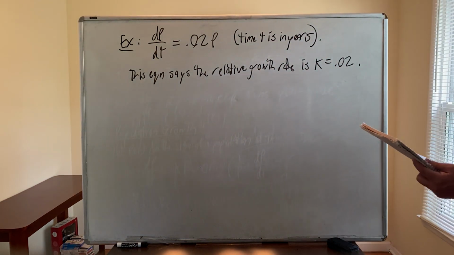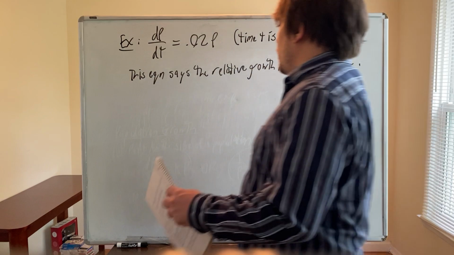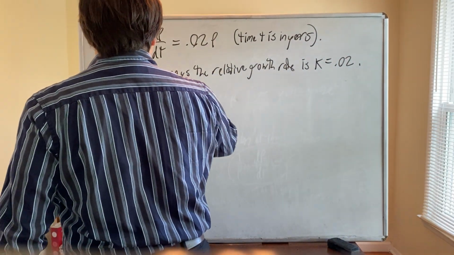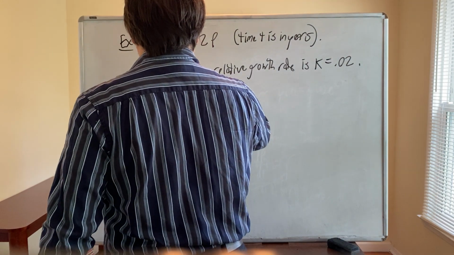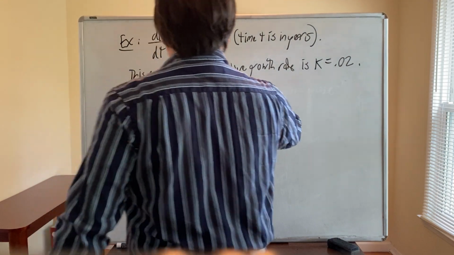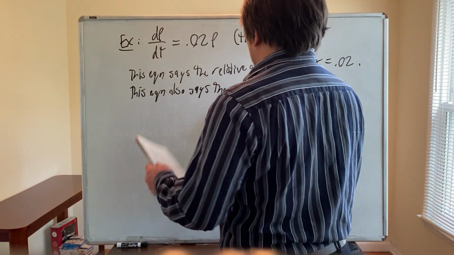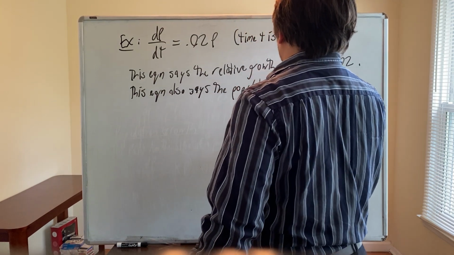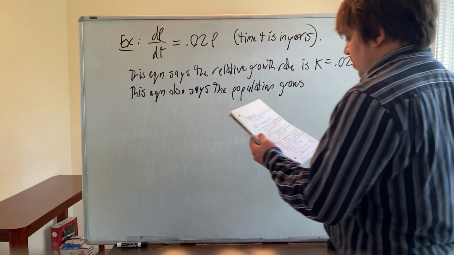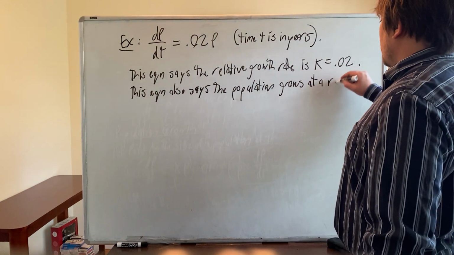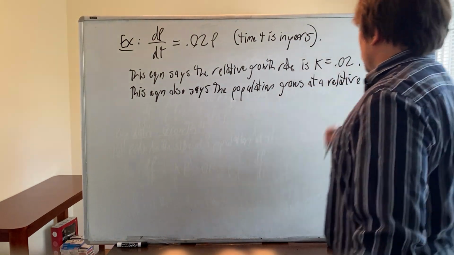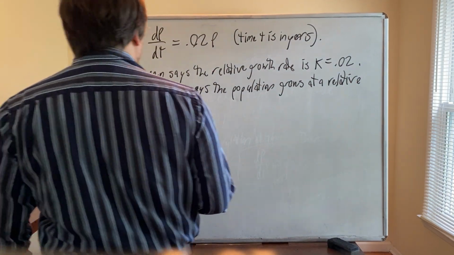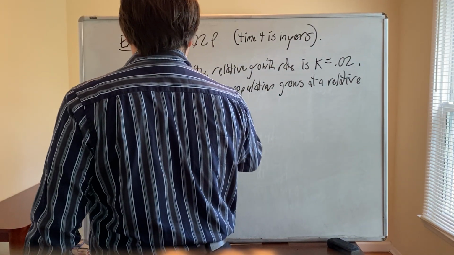So this equation also says the population grows at a relative rate of 2% per year.